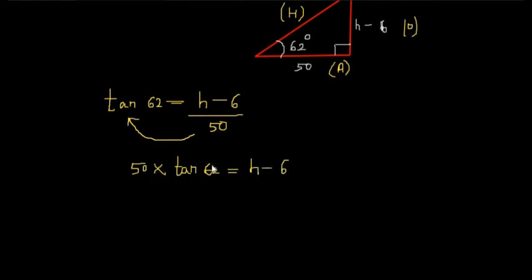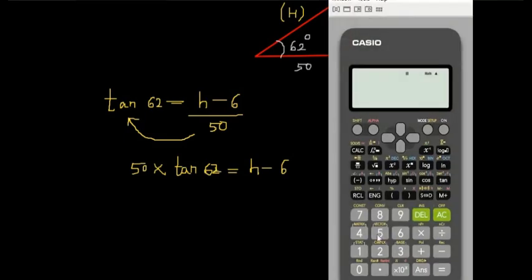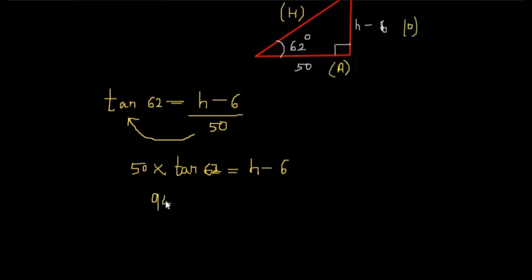So let us calculate and see how much is 50 times tan 62. So 50 times tan 62 gives us 94.036, or we can round it off as 94.04, equals h minus 6.